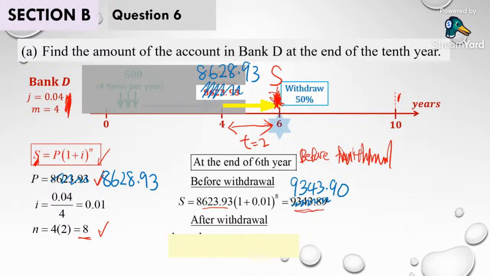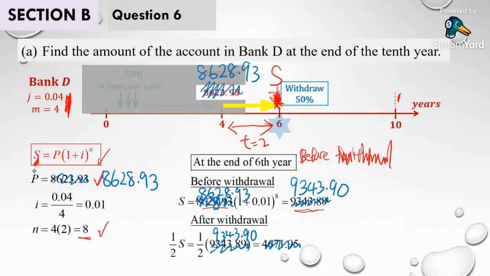So as a result, the after withdrawal here, sorry, this one also is the 8 here. You also have the corrections: 8628.93, 9343.90. And then the final answer, I suppose, is the same.